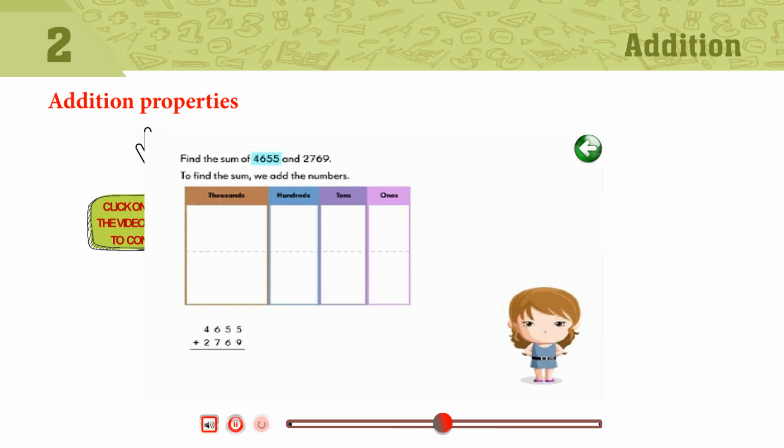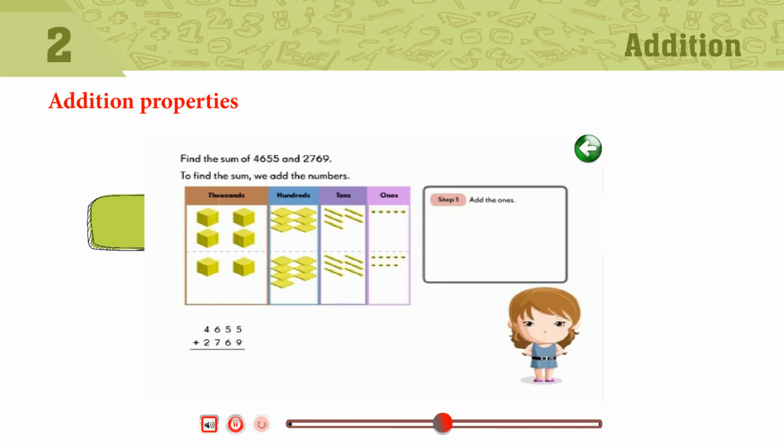4,655 plus 2,769. Now let's add. First we add the ones. Five ones plus 9 ones equals 14 ones.